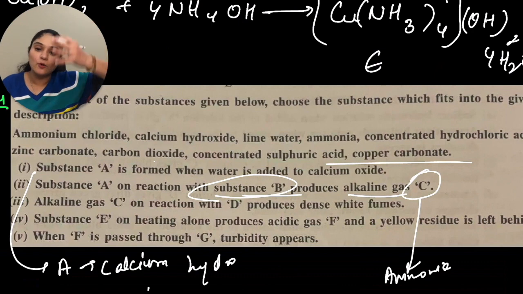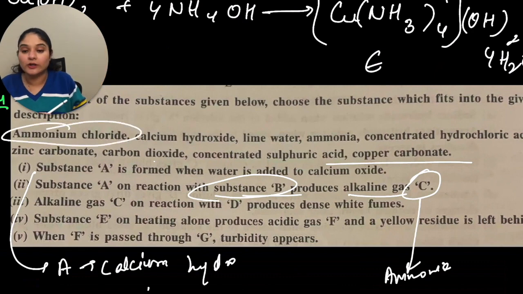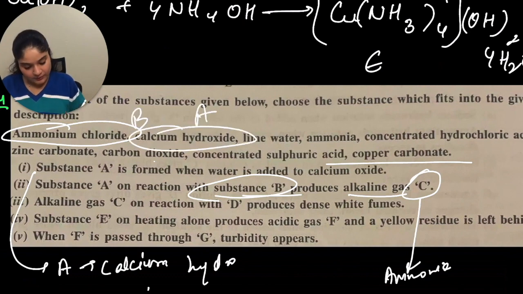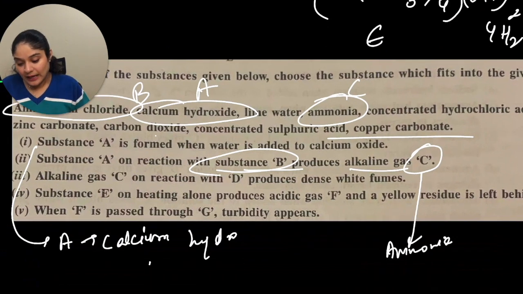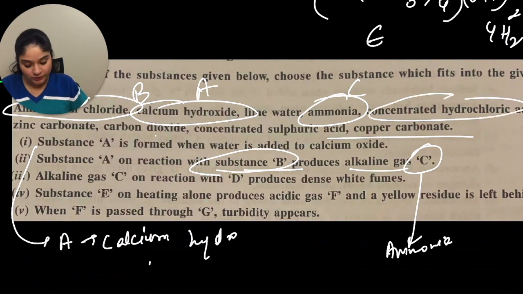So that will be ammonium chloride because an option is already given to you. So ammonium chloride is B, calcium hydroxide is A, ammonia is C. Now next is alkaline gas C on reaction with D produces dense white fumes. So ammonia always gives you dense white fumes with HCl. So your concentrated HCl will be D.